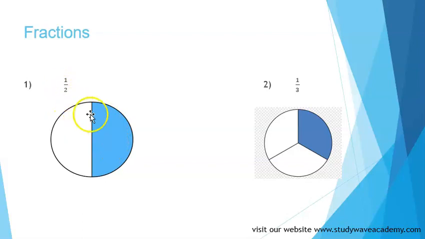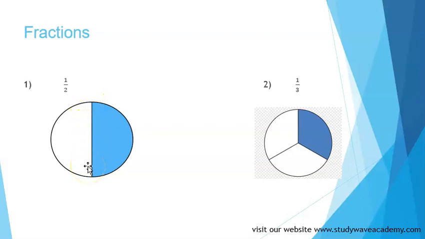And the denominator, 2, is the object that is divided into 2. Our circle is divided into 2. Did we get that? So 1 represents the shaded part and 2 represents the whole object that is divided. So our numerator is 1 and our denominator is 2 because our object is divided into 2.